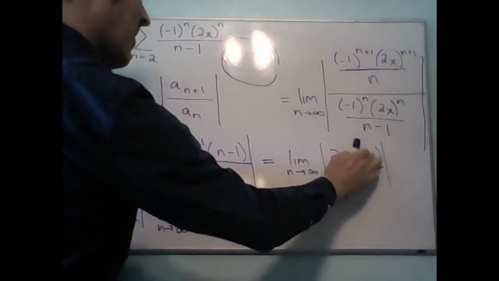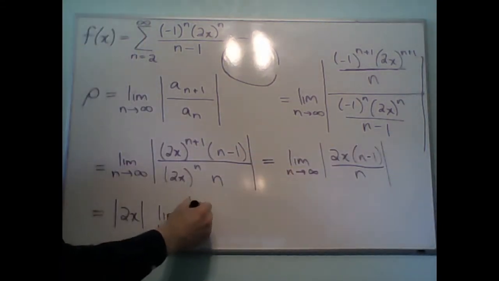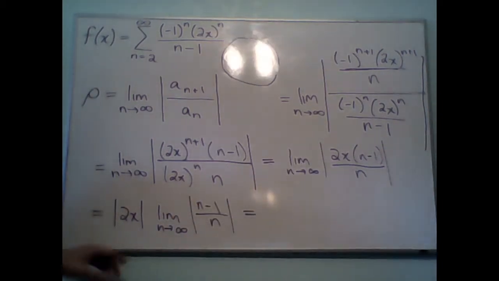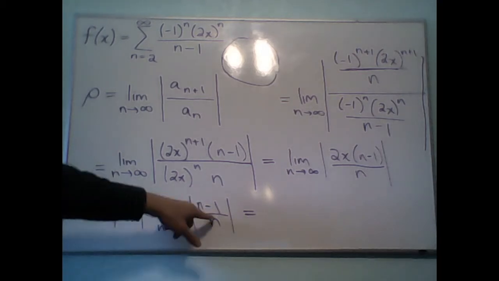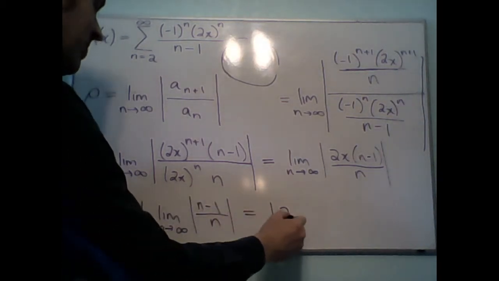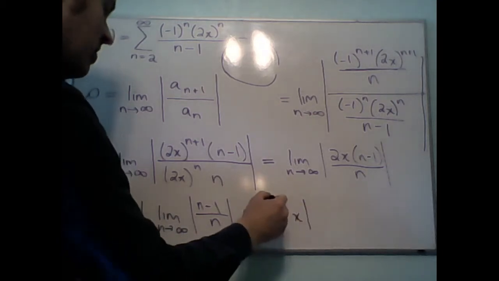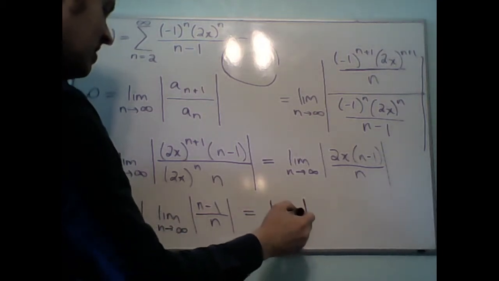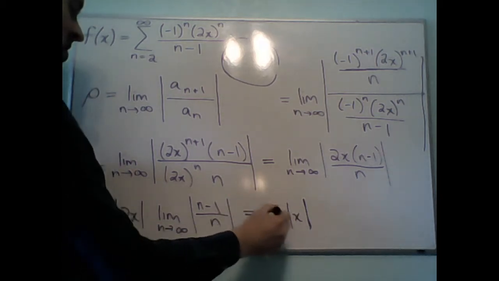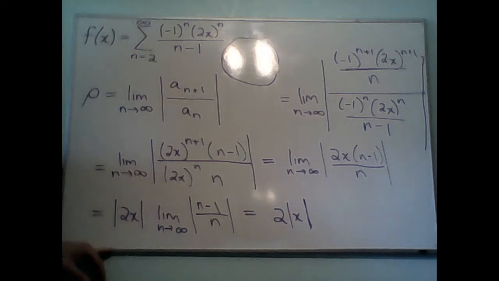This was supposed to be n minus 1, but it's not going to make a difference to the end result, because the limit as n goes to infinity of n minus 1 over n is a pretty easy limit. That's just 1. So the limit is 1, and this whole expression works out to be the absolute value of 2x, or what's the same thing, 2 times the absolute value of x.